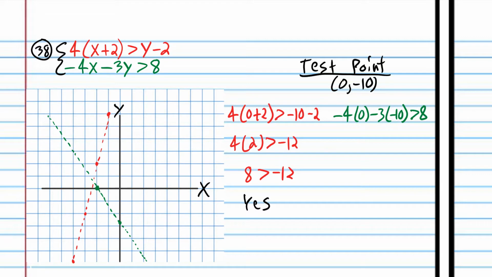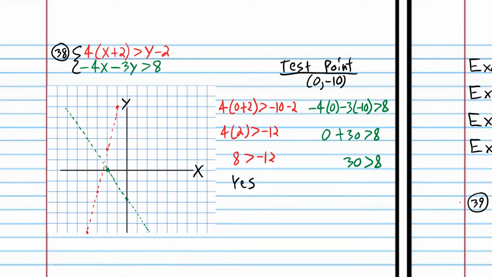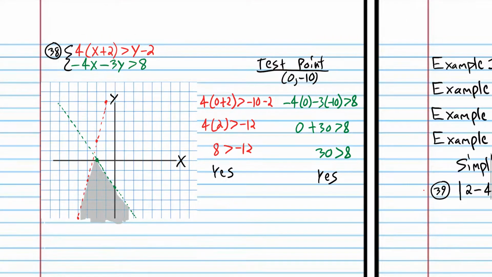And we get 0 plus 30 is greater than 8. 30 is greater than 8, and that works also. So that proves that this region down here is going to be, all those points work in the system of inequalities. It's got to work in both inequalities, not just one. So if you got that answer, good job.